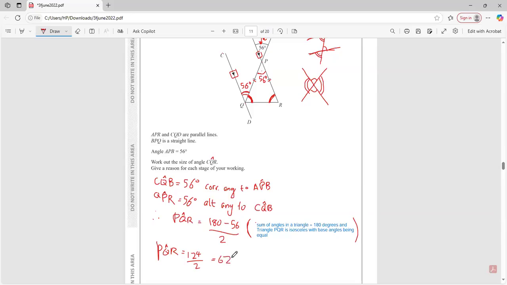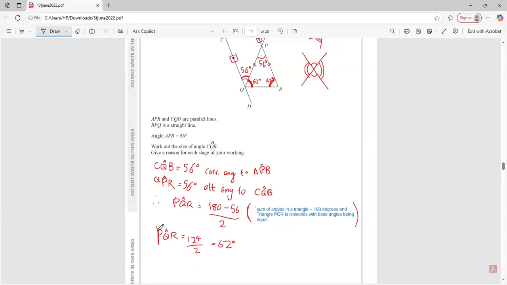Okay, 62 degrees. So now we have found PQR, which is 62 degrees. And this side too is 62 degrees. The question now is, what is the total angle? That's what I'm looking for, CQR.